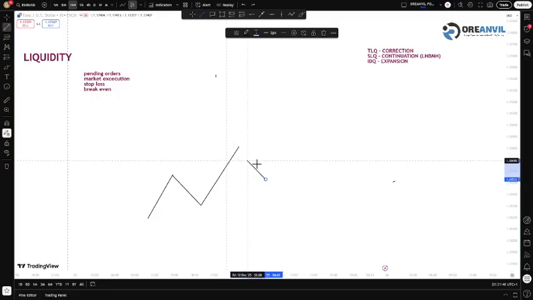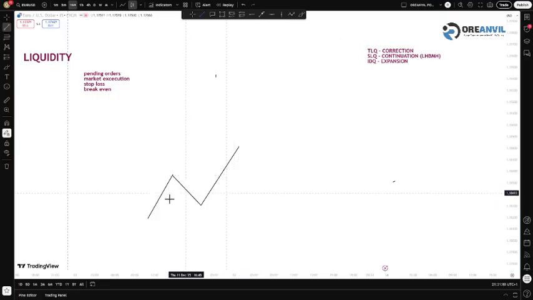Okay, let me just use this first. You have your higher high, higher low. Inducement liquidity is always sitting in the new higher low being created in the market.